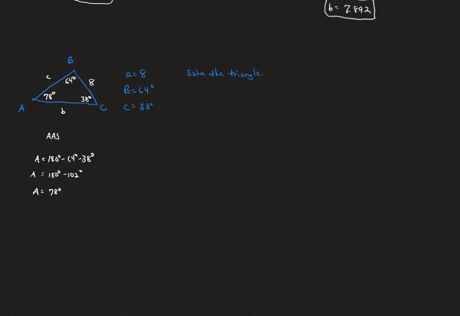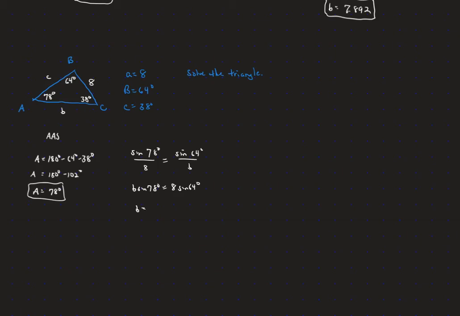Now this is the first part that we've solved for. Now we're going to use the ones we know. So we're going to say sine of 78 degrees over side 8 equals, and we can do whatever we want. I'm going to just go alphabetical and say sine of angle B, which is 64 degrees, over side length B. So cross multiplying, we'll get B sine 78 is equal to 8 sine 64.